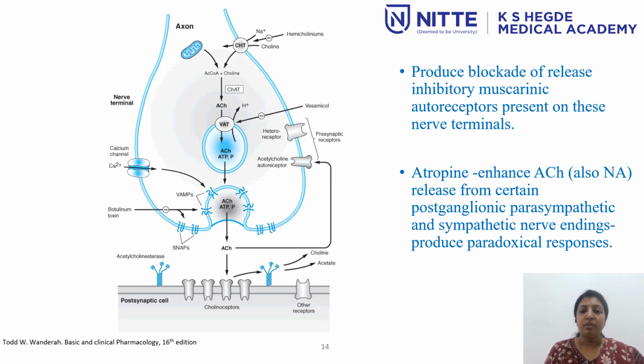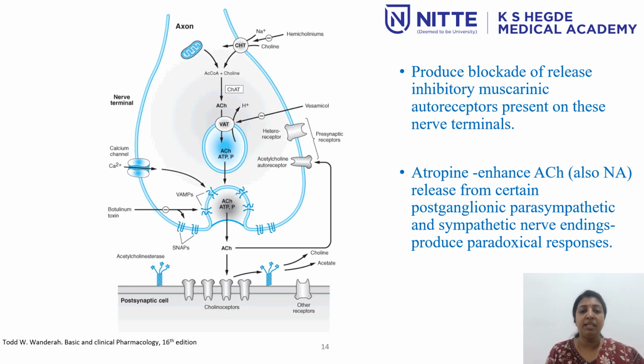Now, there are autoreceptors present on the nerve terminal. When you block these receptors, which are usually inhibitory, the blockade of inhibitory muscarinic autoreceptors can lead to enhanced acetylcholine release from certain postganglionic parasympathetic as well as sympathetic nerve endings, and they can produce a paradoxical response.